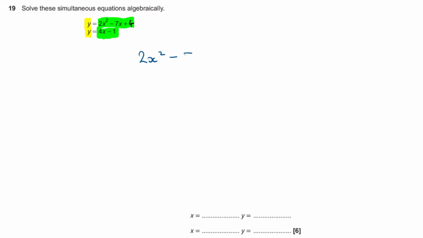2x squared minus 7x plus 4 is equal to 4x minus 1. Okay, so then we're just going to bring everything to one side.